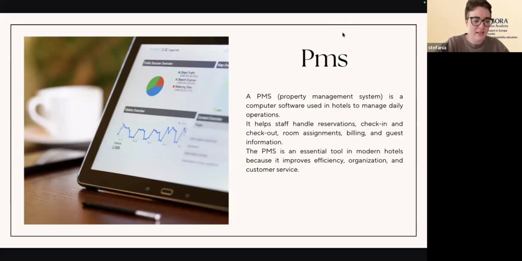For example, the guest registration. If you are a family traveling, for at least one person you have to register the complete document. So you fill in the document number, birth date, where you live, where you were born, everything, because it's obligatory by law.